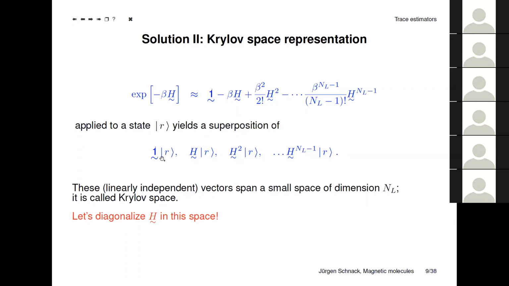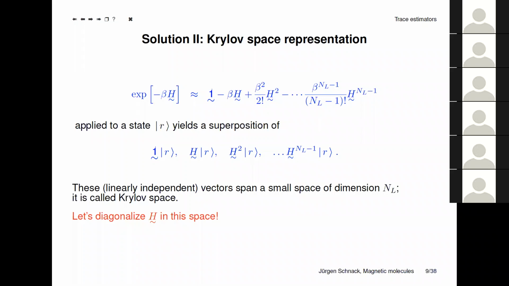So 1 on the random vector gives the random vector, h on the random vector gives a different vector, and h squared gives another vector, and so on and so forth. We can do this several times, usually order of 100. So we obtain 100 linearly independent vectors, and they span a small subspace of the originally very large space. This small space is called the Krylov space.